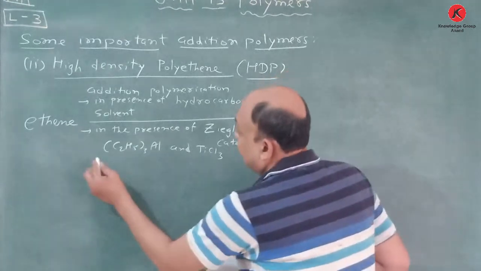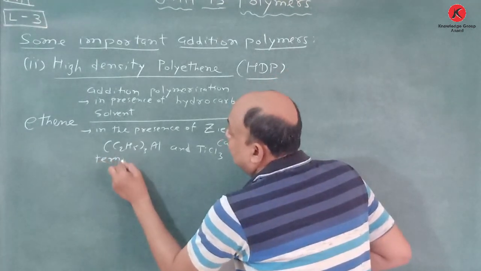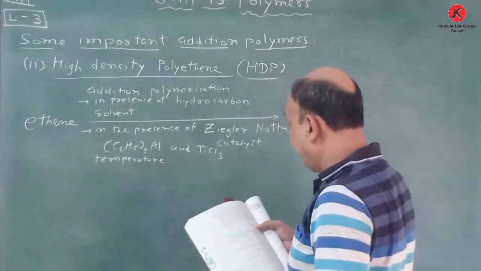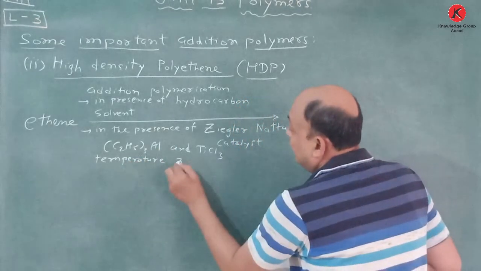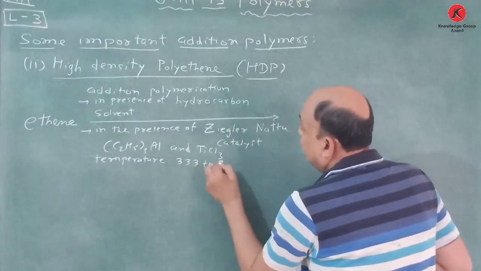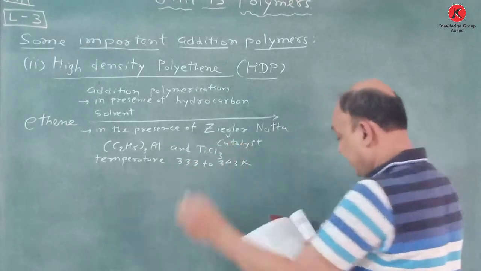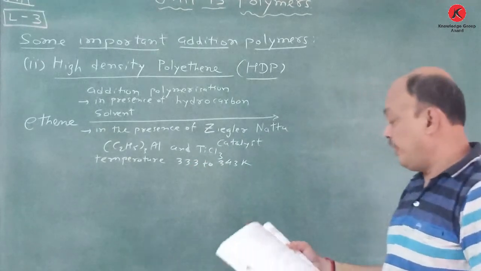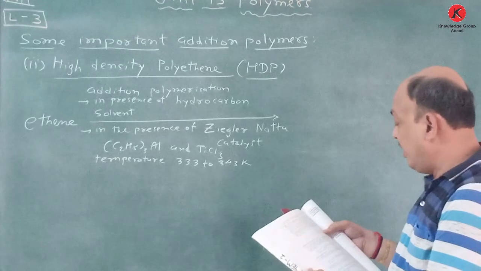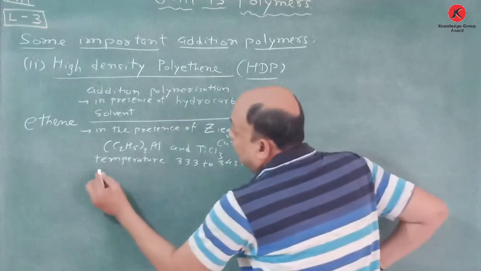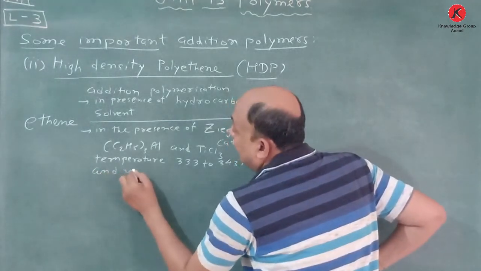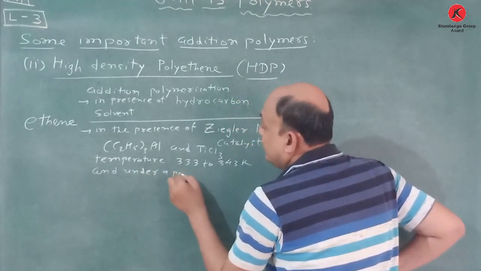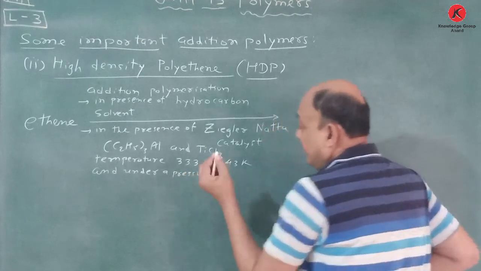Temperature is 333 to 343 Kelvin, so 333 Kelvin to 343 Kelvin, and under a very low pressure, 6 to 7 atmospheric pressure.